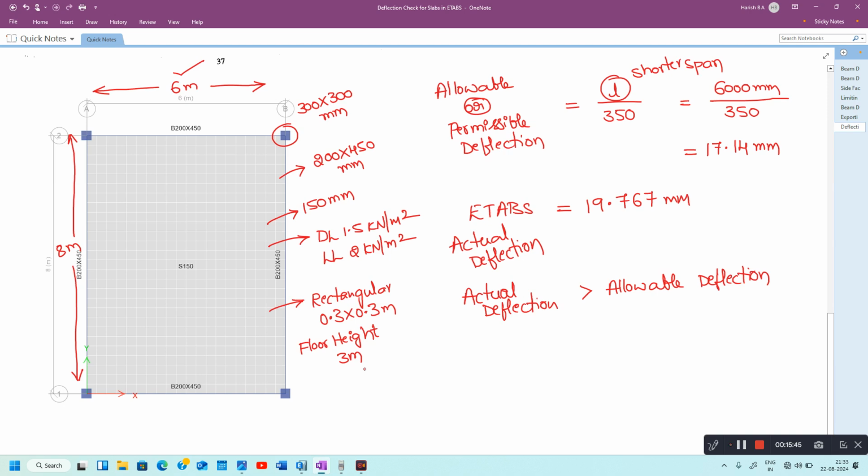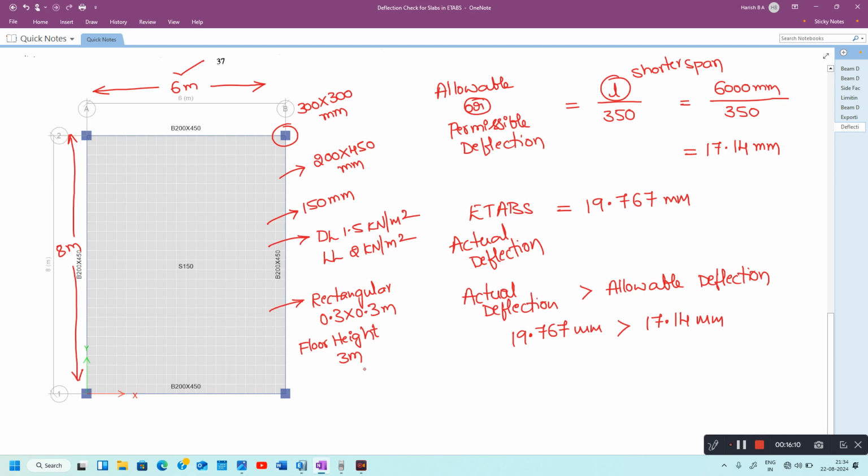Will you accept it? No, because the actual deflection in the structure is 19.767 millimeter, which is greater than the allowable deflection, or permissible deflection, of 17.14 millimeter.